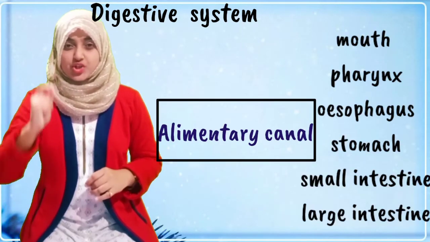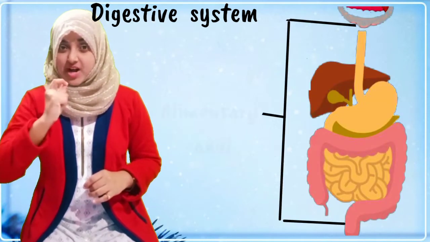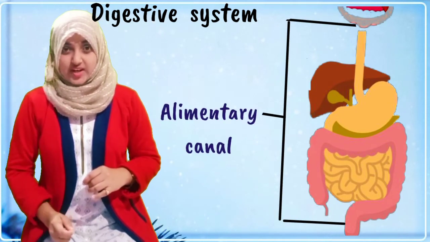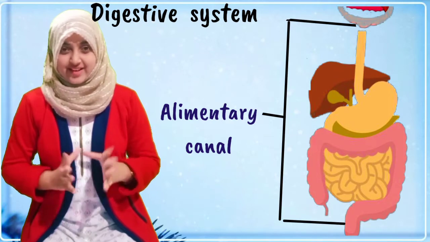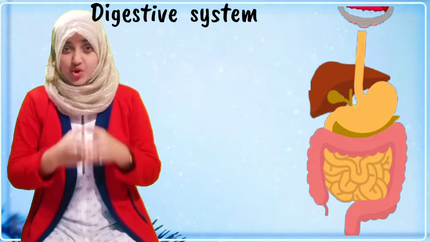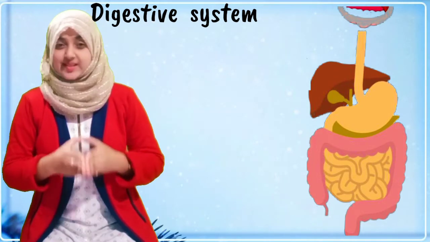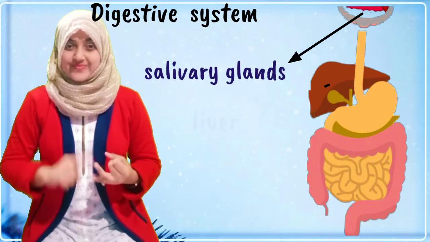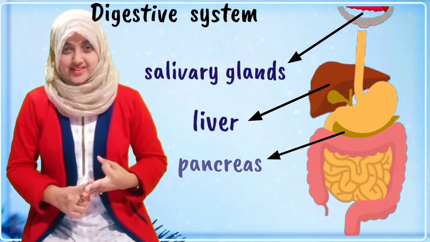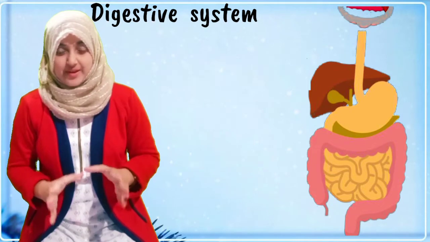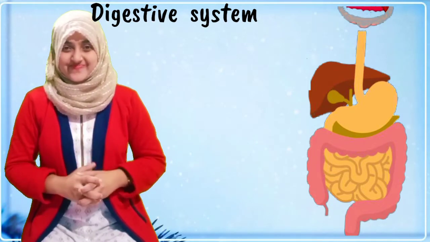The long tube that extends from the mouth up to the anus is called the alimentary canal. The digestive system also includes glands such as the salivary glands, liver and pancreas. Together, they make up the digestive system.